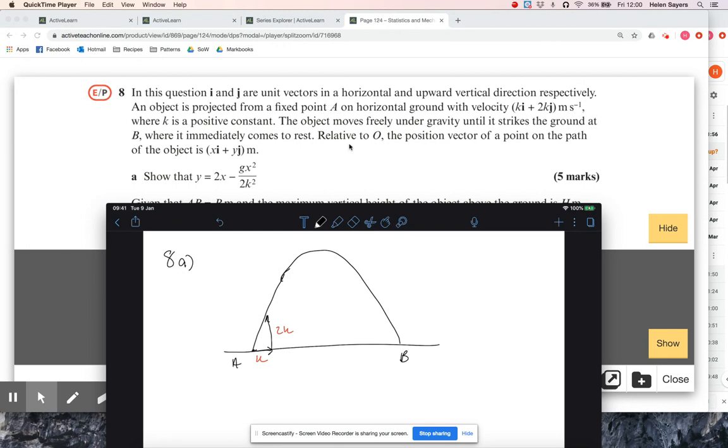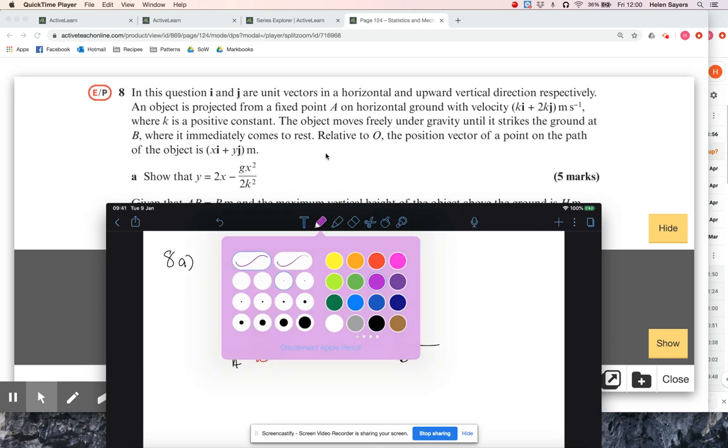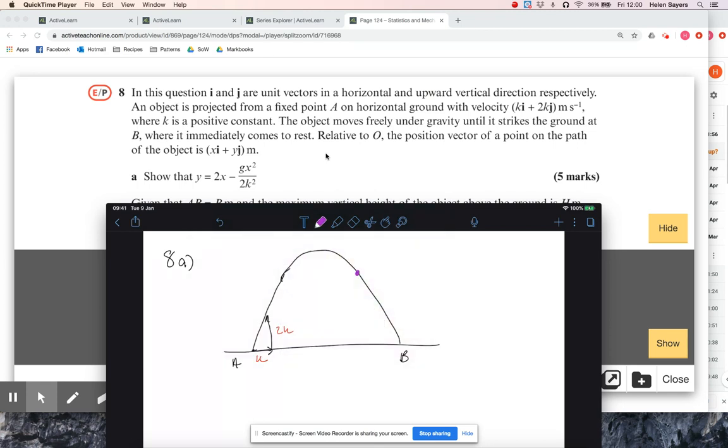And relative to the origin, the position vector is xi plus yj. So basically what they're saying there is at any point on the path, it's travelled x in the i direction, so x horizontally, and y vertically.